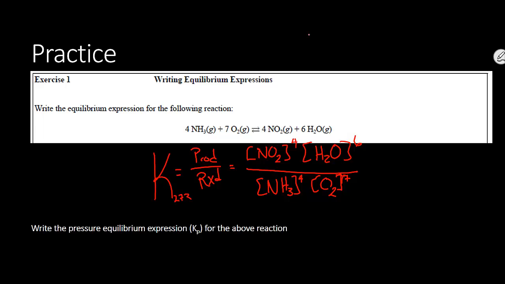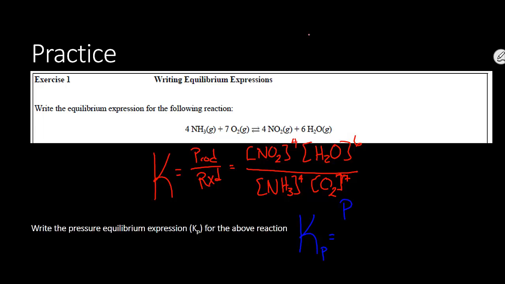Sometimes you'll see equilibrium expressions with a subscript noting what that temperature is, because temperature will shift a reaction and therefore will shift the value of K to favor endothermic or exothermic reactions, but that is a story for later. If we were asked to write the Kp for the above expression, it's almost exactly the same. The only difference is instead of brackets, we'll use P and parentheses.